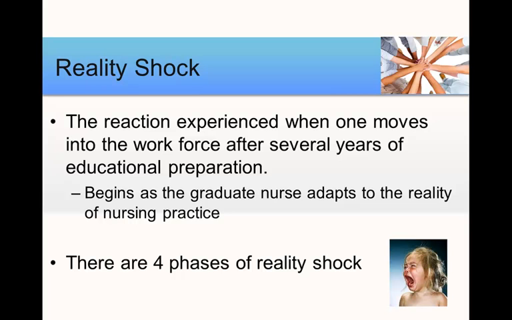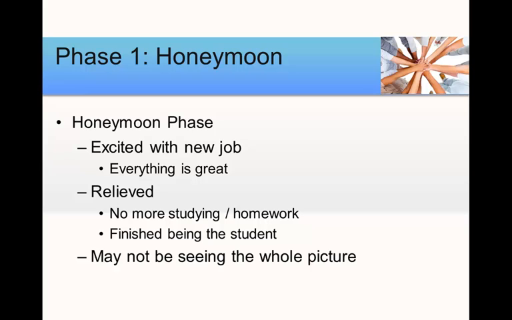Anyways, we do know that reality shock does lead to a great deal of stress. And so what I do, and like I said, you will struggle, you'll be frustrated, you'll be happy. But the reality shock really does have 4 distinct phases with it. The first one is the honeymoon phase. And this is really the phase that occurs once you first graduate.